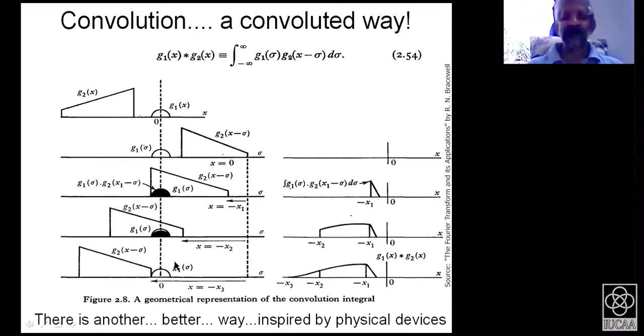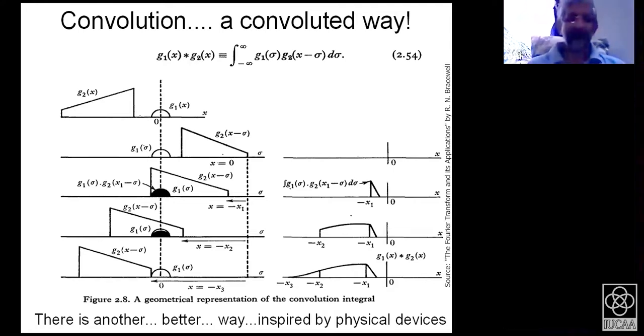That is written as the answer, and the answers are shown here. But I personally find it a very convoluted way of thinking. The physical meaning of convolution is lost in this mathematical operation, and one wonders why one has to do this.